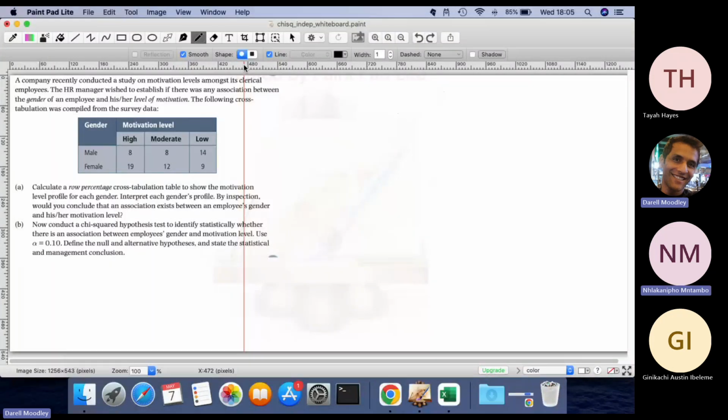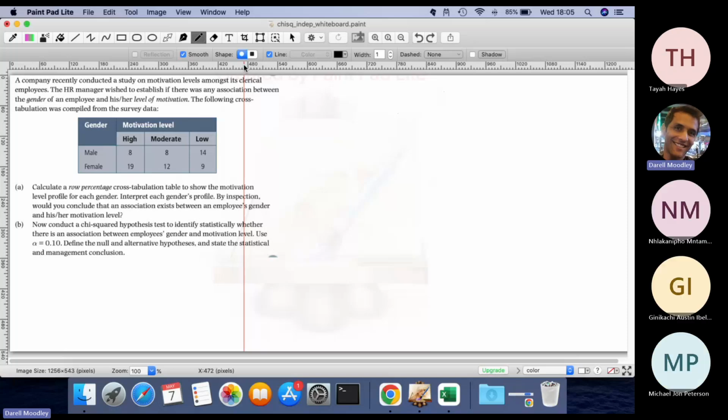But in the same manner, let's say there are two people, A and B. If B eats a lot of sugar, does it influence A's blood sugar level? And the answer is no. That's independence. If I eat a lot of sugar, it doesn't affect your blood sugar. So my consumption of sugar is independent of your blood sugar levels. Hopefully that gives you an idea of what independence is.